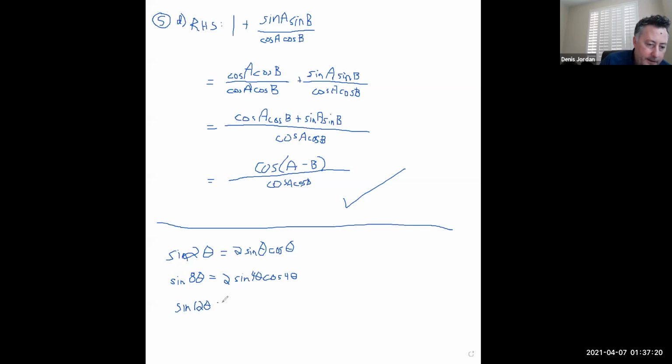So likewise, if you have sine of 12 theta, that would give you 2 sine of what? 6 theta, right? So as long as that number in front of theta is even, you can use a double angle identity on it.